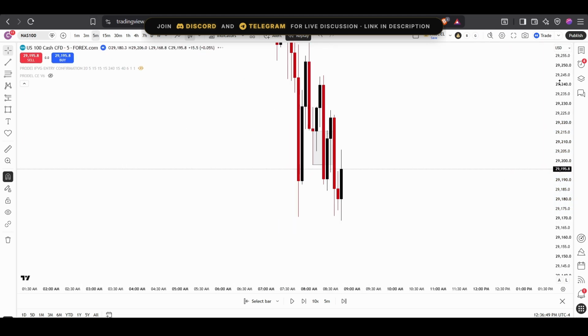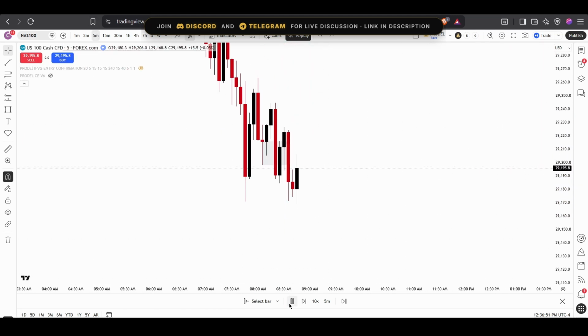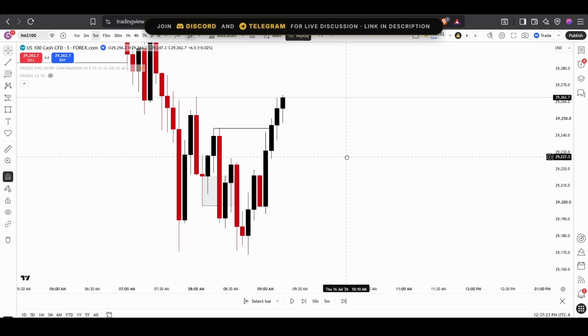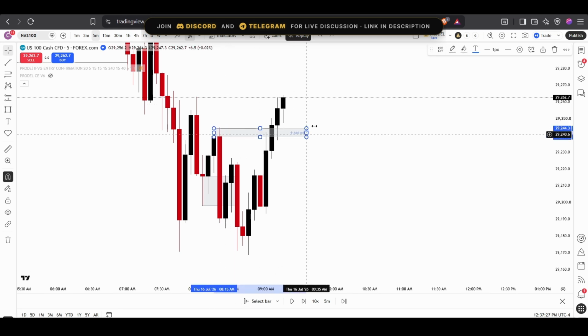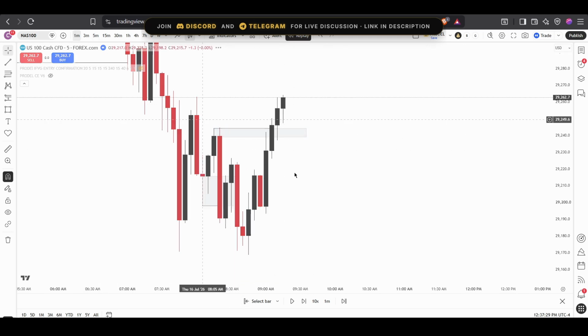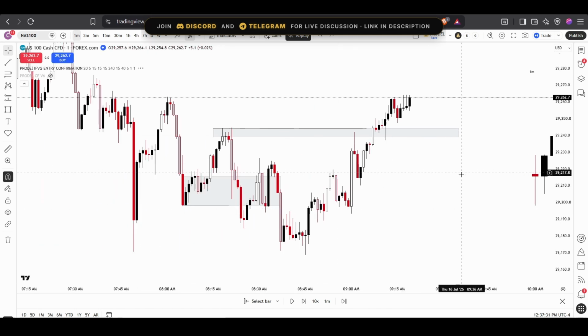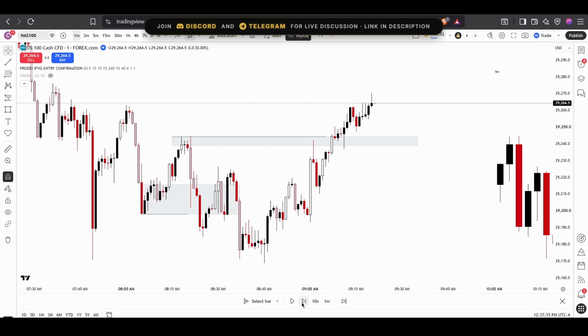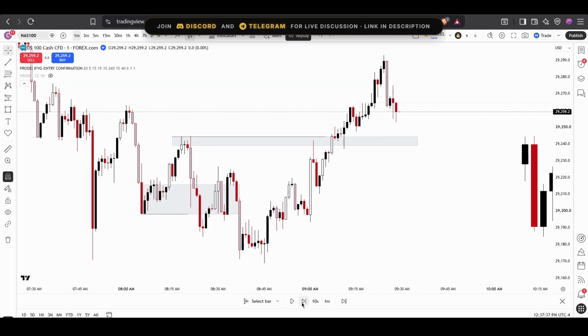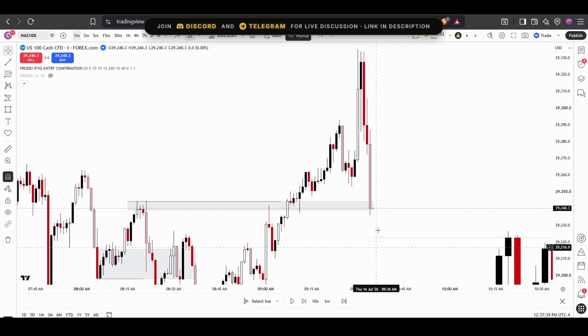After that, the market broke this structure to the upside, and this is our level. On the 1 minute, there is no bullish entry confirmation, and also the market went up.